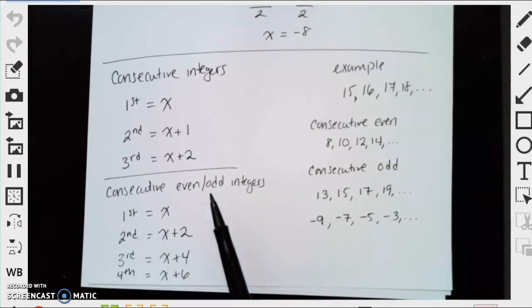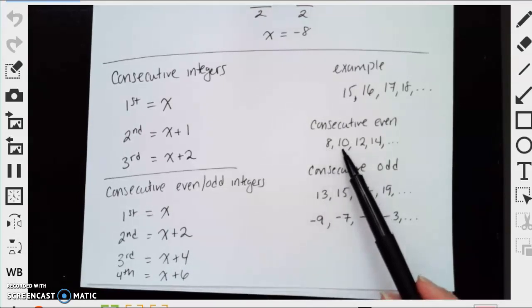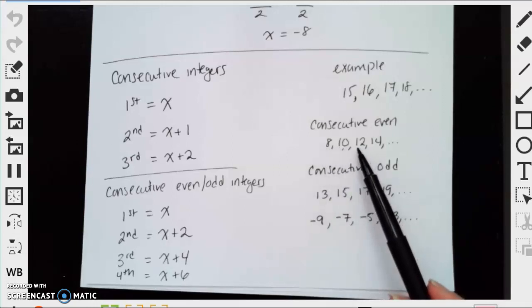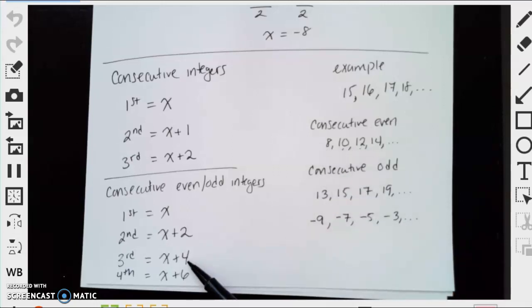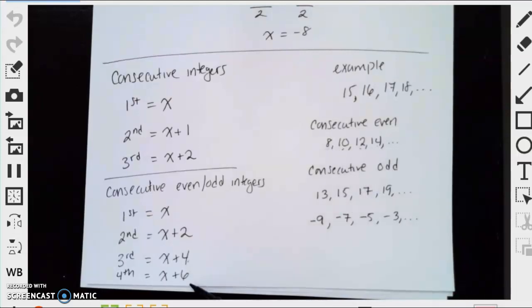So again, no matter whether your first one is even or odd, they're always 2 apart. So the first one, let's say, is 8. The next one, add 2 to get 10. To go from the first one to the third one, you would add 4, x plus 4. To get from the first one to the fourth one, you would add 6, x plus 6.